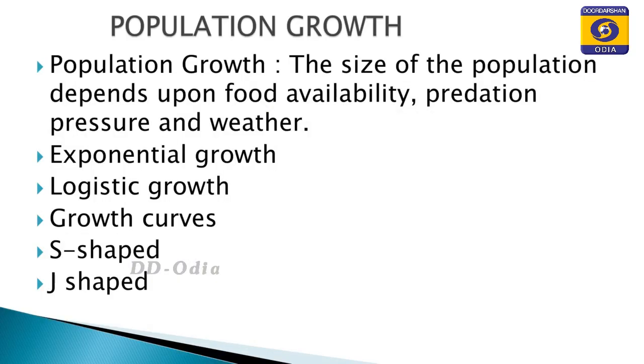If we come to the population growth, the size of the population depends upon food availability, predation pressure and weather. So, if we see these conditions, there will be 2 different types of growth. One is exponential growth and the other is logistic growth.